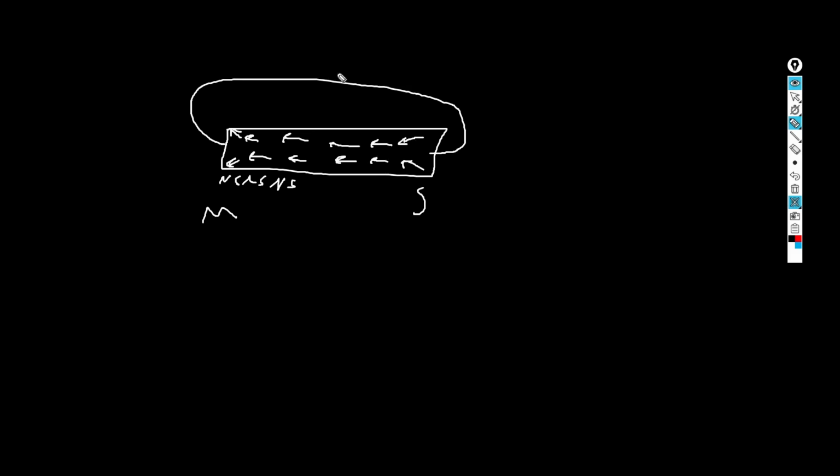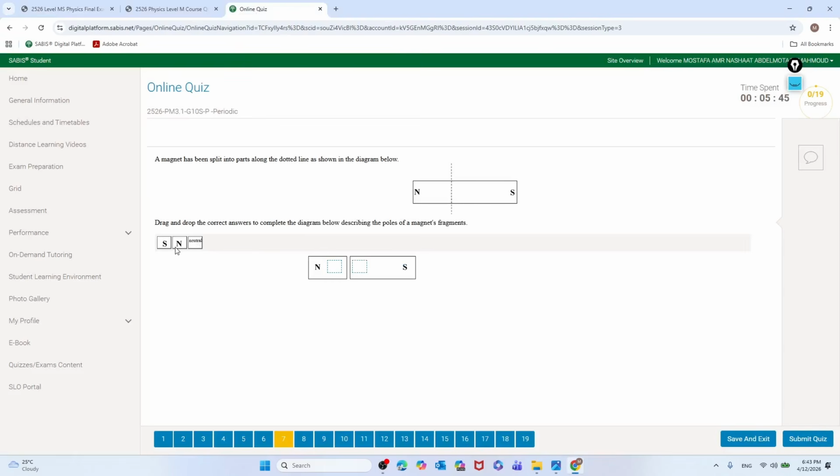This would be going like this, and you'd have multiple field lines. And this is how it would go, basically. So here in the quiz, this question is talking about how if you cut a magnet, you'd have north, south, north, and it would go on as you keep cutting it.